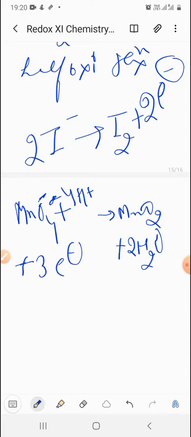So you have to multiply so that the electrons become equal. You can multiply the oxidation equation by 3, it will become 6 electrons, and this equation by 2, it will again become 6 electrons. Now the 6 electrons will be cancelled out, and then you can add the equations.